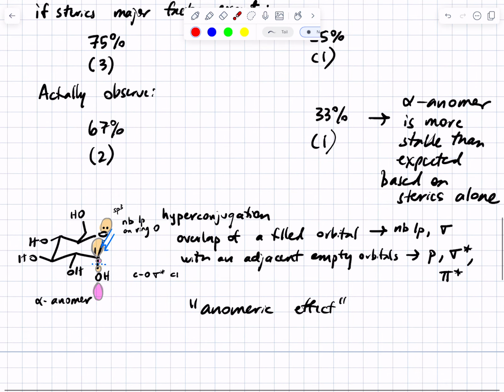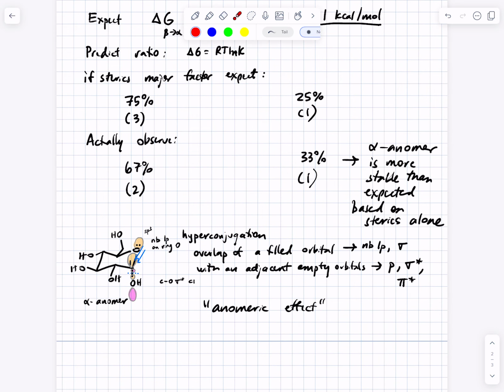Okay, so that's the relationship between alpha and beta anomers, and you need to know that it's a combination of sterics plus the hyperconjugation that explains why the alpha anomer is more stable than you would expect.